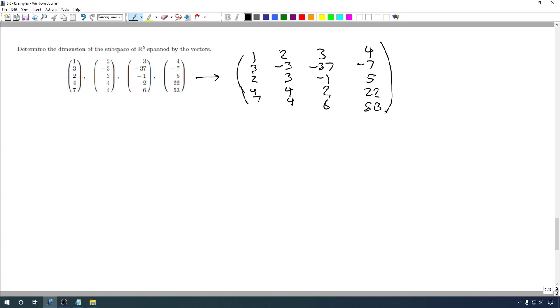So now we have a 5x4 matrix. And the column space of this matrix is, in fact, the space spanned by the original four vectors.